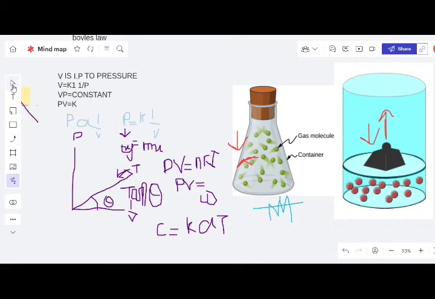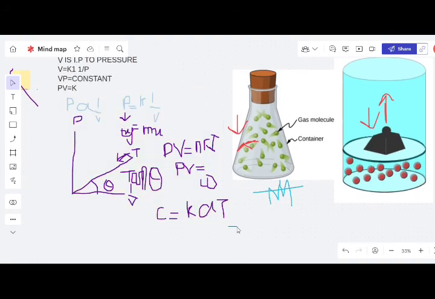So let's consider different graphs at different temperatures.